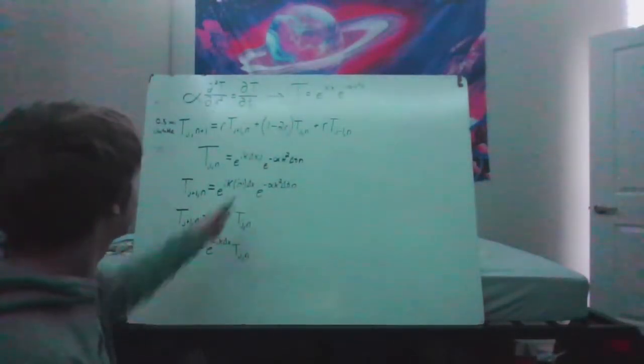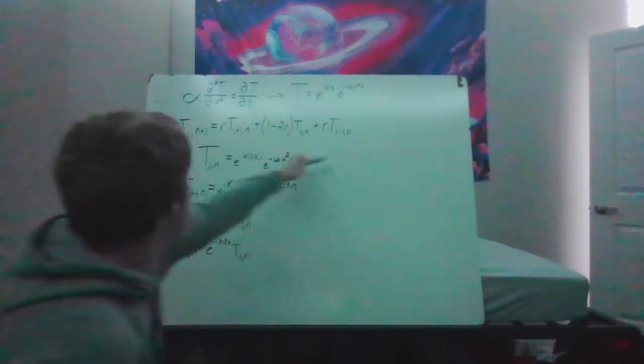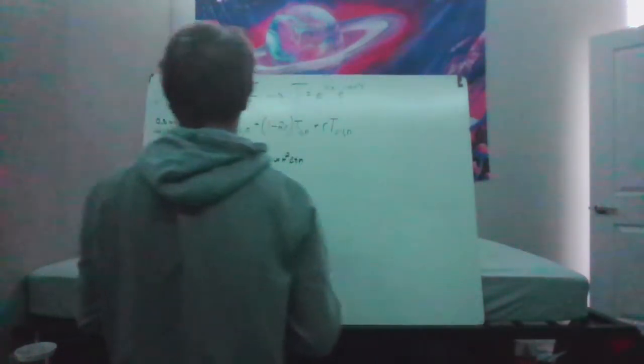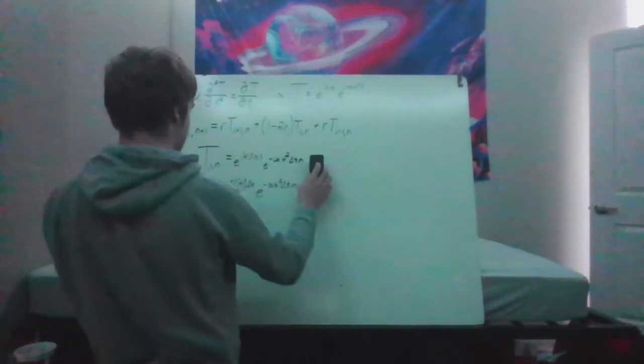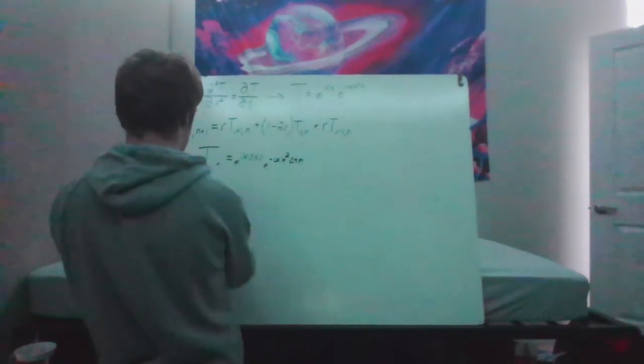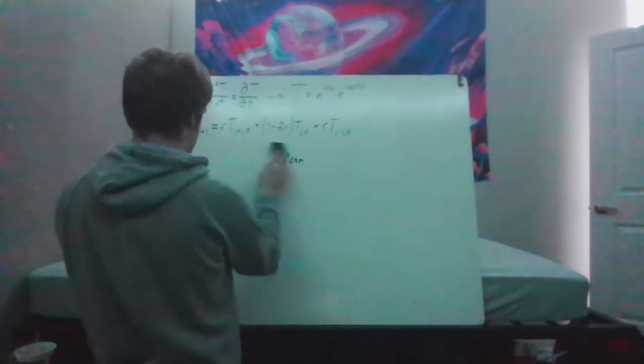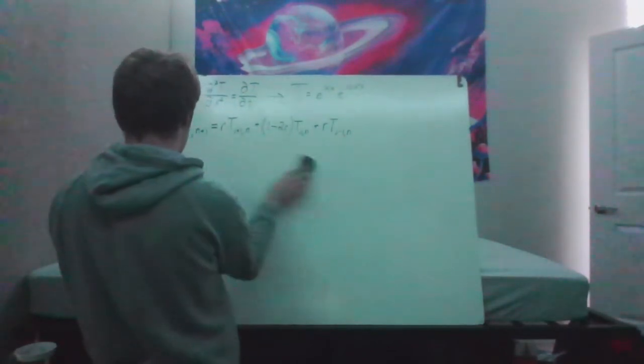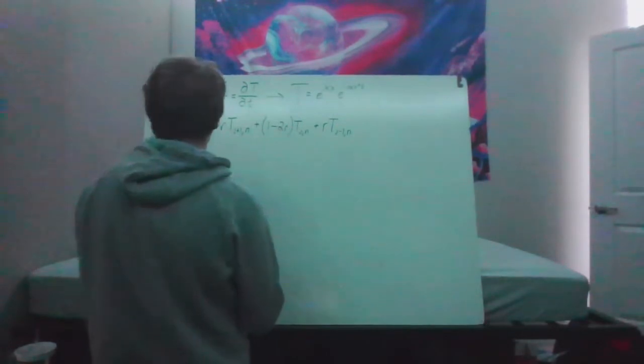So now we can substitute these in here and here, and rewrite this whole equation. So I'm going to erase this, and this, and we will rewrite the equation here.